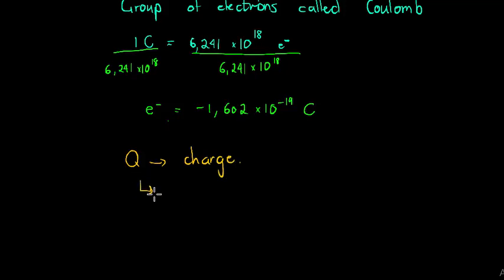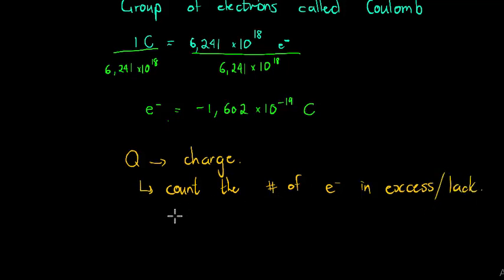Then all I'll do is count the number of electrons in excess or in lack, and that will be represented by N. So N is the number of electrons in excess or in lack.